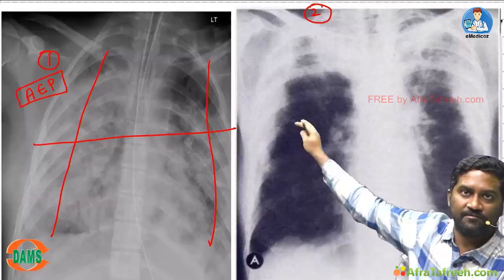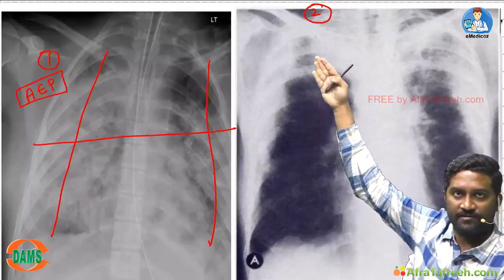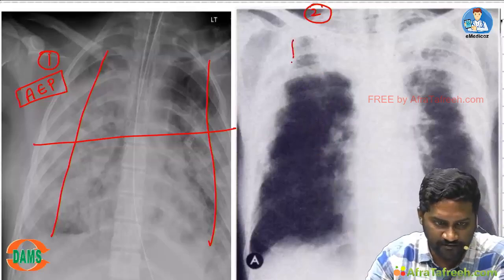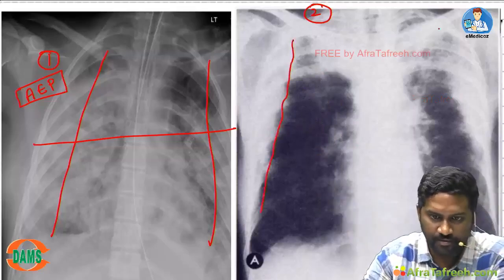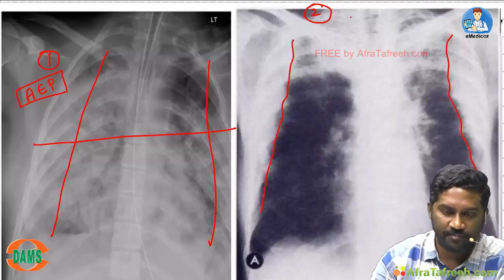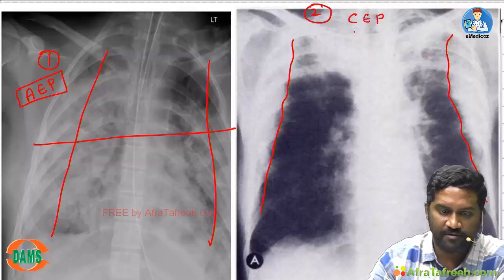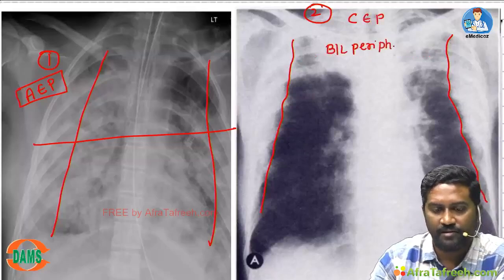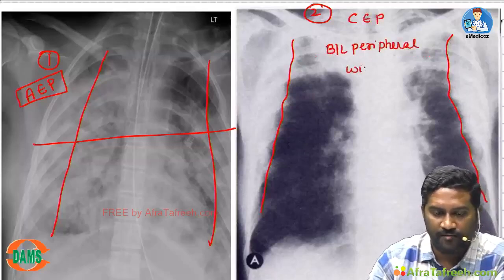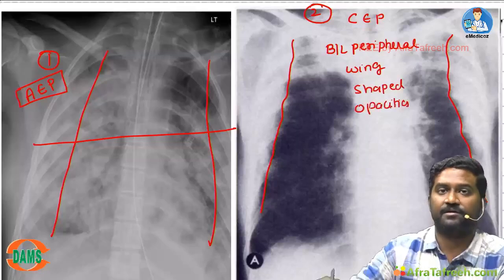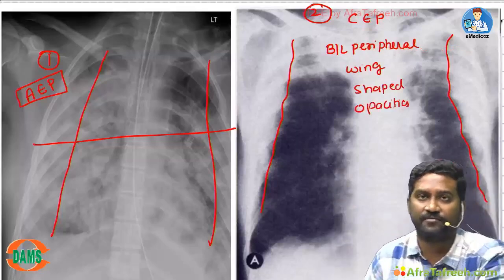Whereas in the second image, if you notice students, in the chest X-ray you can see bilateral peripheral wing shaped opacities. This is chronic eosinophilic pneumonia. You can see an opacity just like a wing.